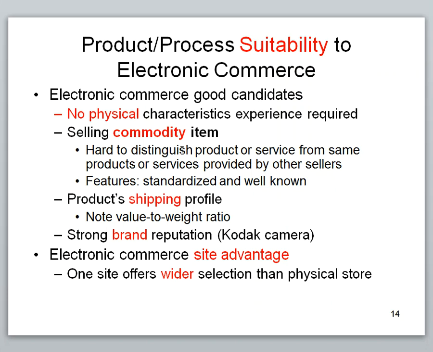All these are commodity items. They are standard and well known, and they are not distinguished by brands. If they get distinguished by brand names or logos, then they may not be classical commodities, right? And then they can be introduced using e-commerce systems.